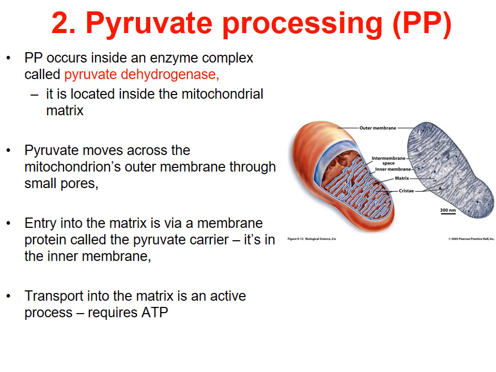In order to get pyruvate into the mitochondrial matrix, ATP is required. So it's an active process. Remember the adage of spending money to make money, or in this case, spending energy to make energy. So the movement of the pyruvate requires ATP in order to get into the mitochondrial matrix.